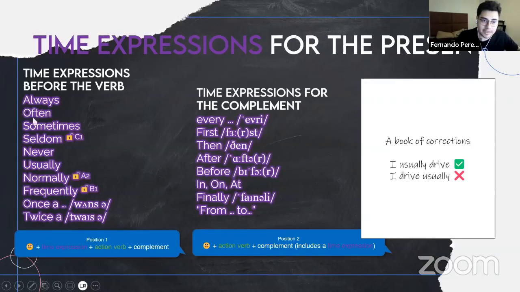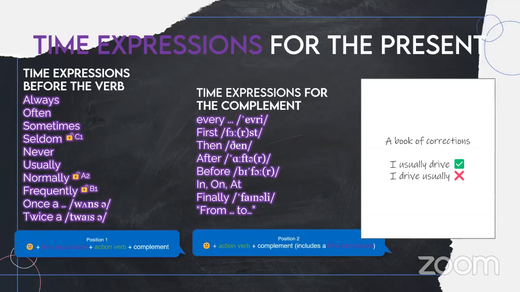Always, often, sometimes, seldom, never. We are talking about frequency because the first formula is for routines. So if you say, do you drink coffee in this moment? We have a contradiction. Do you drink coffee is routine, and in this moment is in this moment.